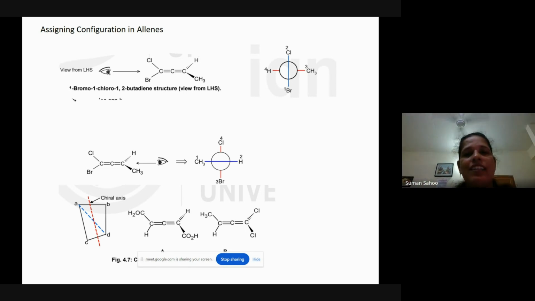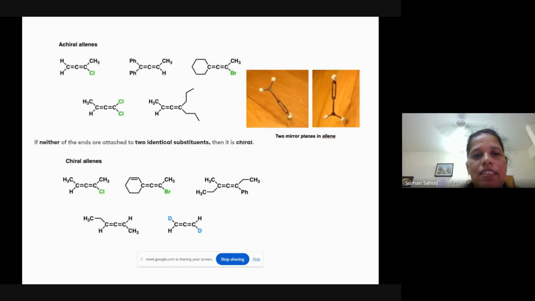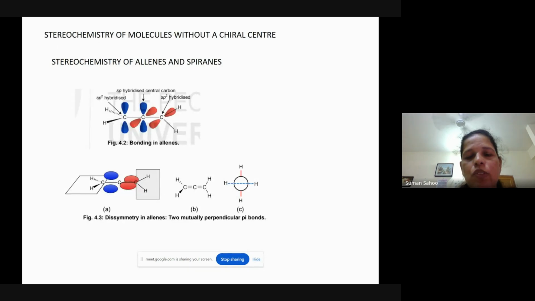Okay, allenes actually have two carbon-carbon double bonds, and they are not in conjugation. One carbon has two double bonds to its adjacent carbons.